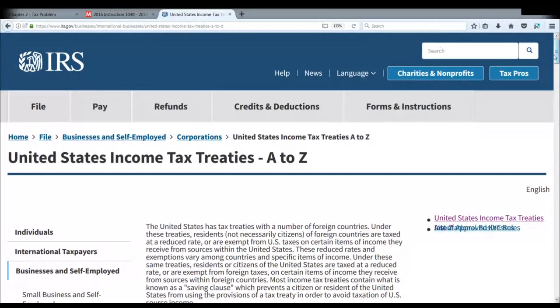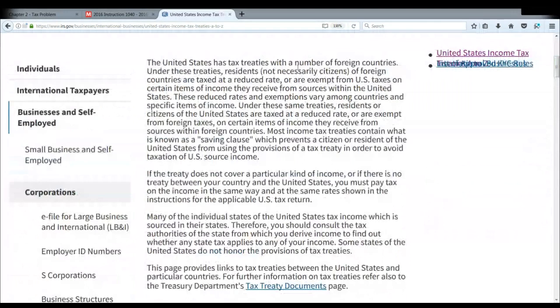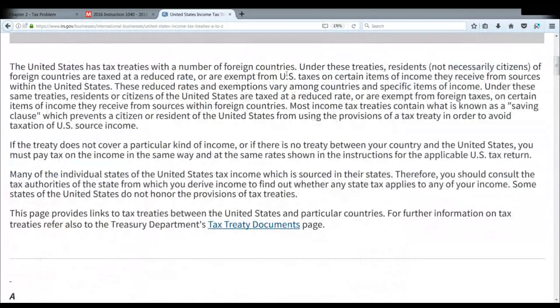It says here the United States has tax treaties with a number of foreign countries. Under these treaties, residents, not necessarily citizens, of foreign countries are taxed at a reduced rate or exempt from U.S. taxes on certain items of income they receive from sources within the United States.